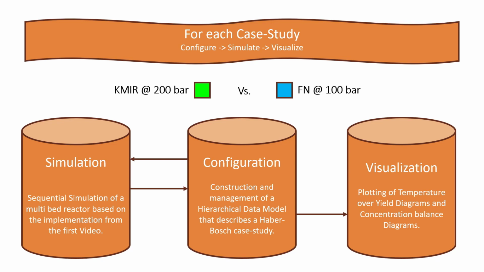I see. The slide also indicates the 2 cases we want to show, right? Consider a reactor with a catalyst working at 200 bar and an alternative catalyst working at 100 bar. Exactly, Jonathan. And the 3 pillars of our implementation, configuration, simulation, and visualization, are shown here.